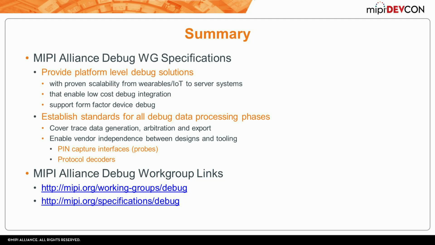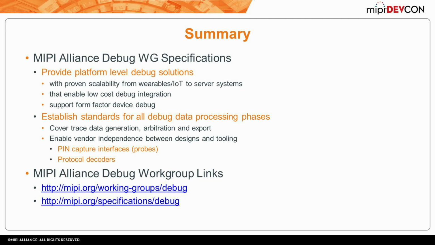So this is my last slide. As a recap, what I showed today is that the MIPI Alliance Debug Workgroup releases specifications that are highly scalable for mobile and embedded systems, enable low-cost debug solutions like what I showed before with just using a USB cable for debugging, getting debugger form factor devices, and of course, it tries to establish standards for debug across mobile platforms to allow vendor independence between tooling and devices.